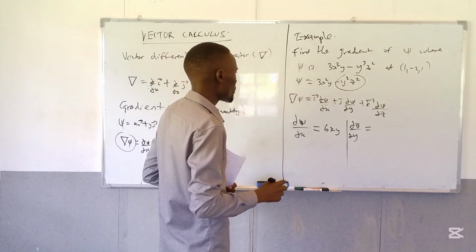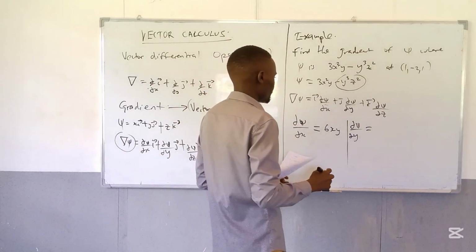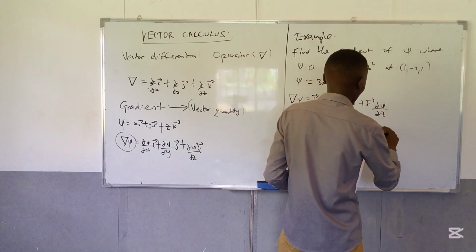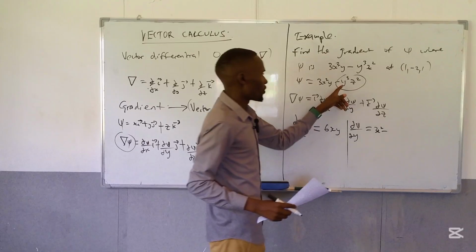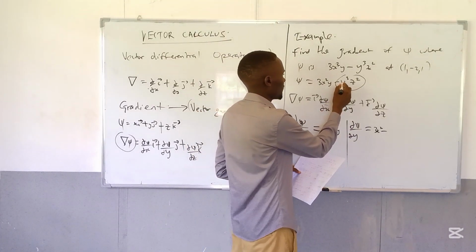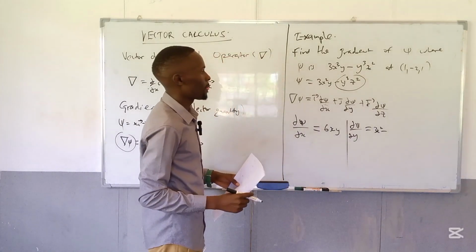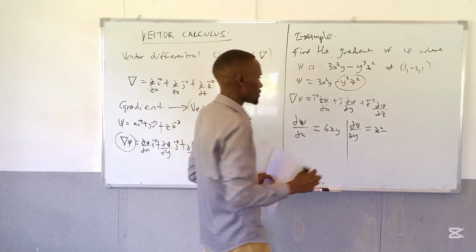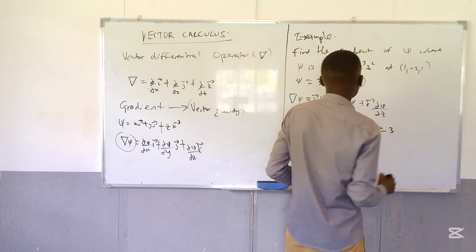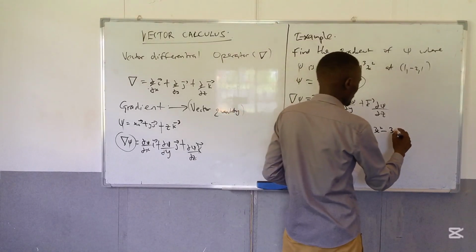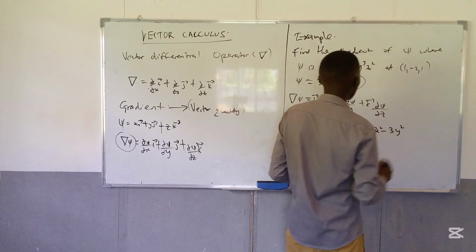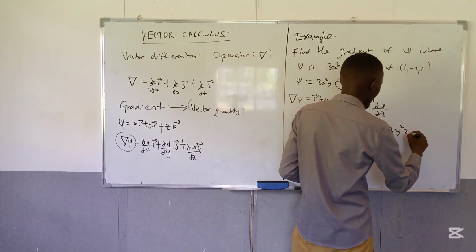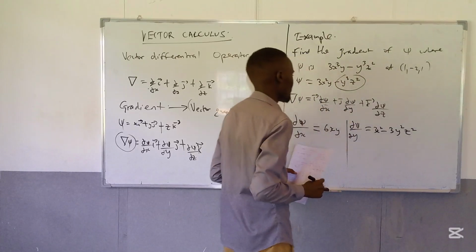So here we are remaining with 3x squared, minus, you drop the power, which is 3, then you subtract 1 from the power. Therefore, we remain with y squared. Then we leave this z squared.